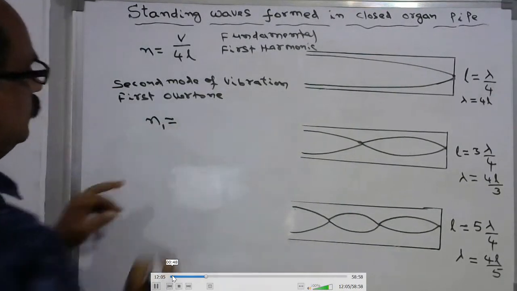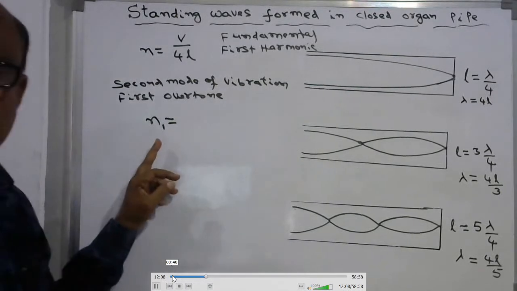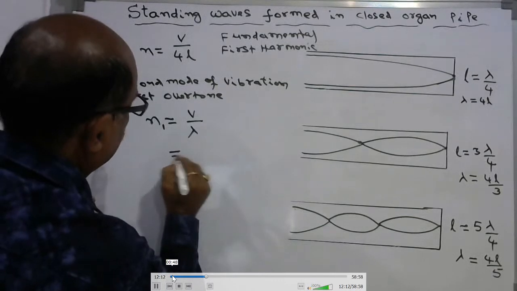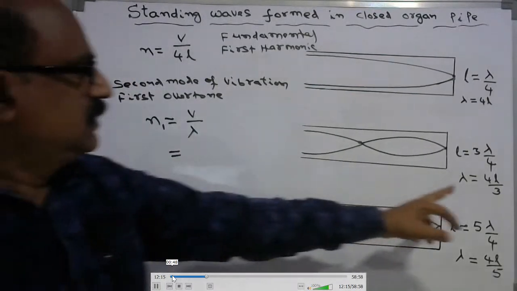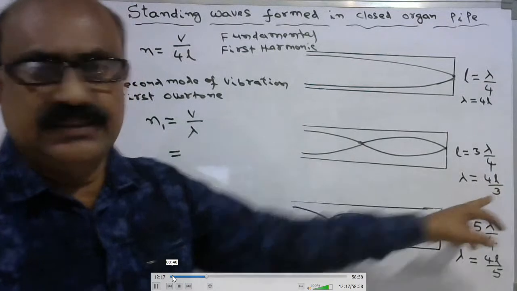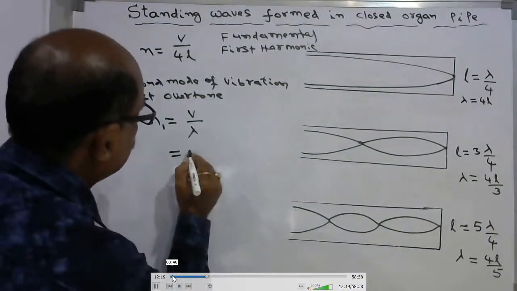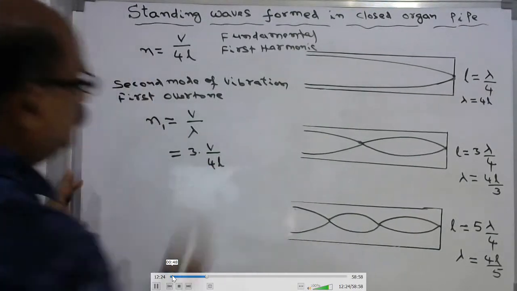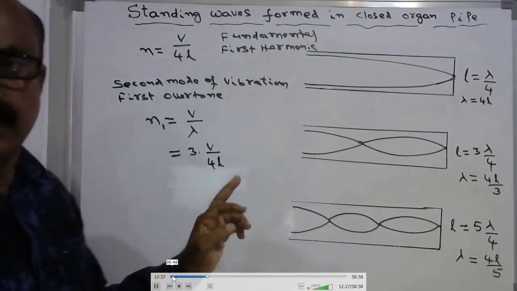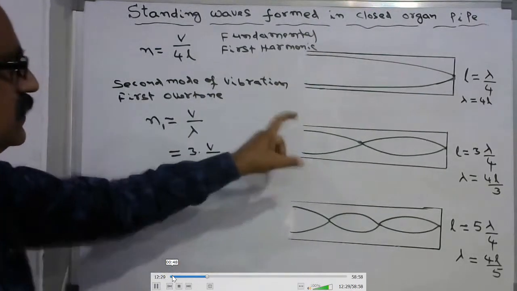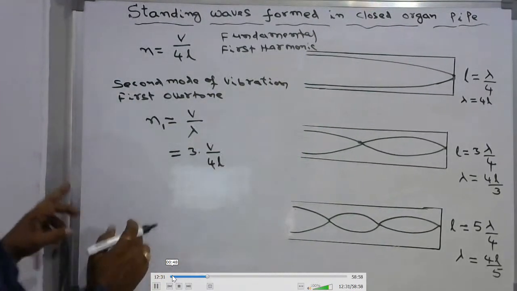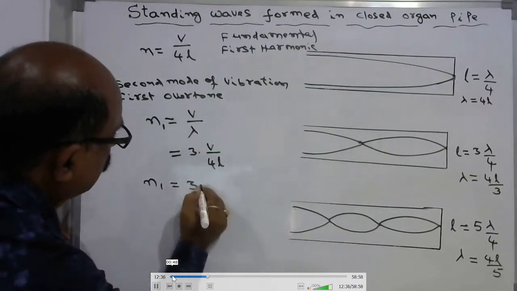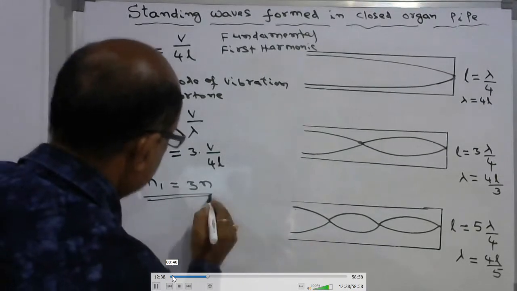I write here the first overtone n1 is equal to V by lambda. That is equal to, instead of lambda, 4L by 3. So this becomes 3 times V by 4L. Now you can write the frequency: in the second mode of vibration, the first overtone frequency is equal to 3 times its fundamental frequency.